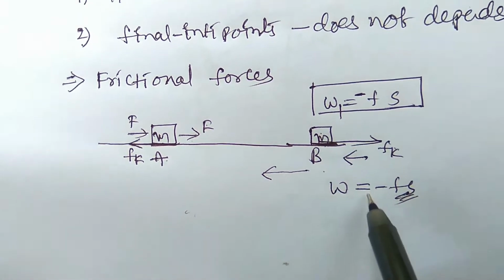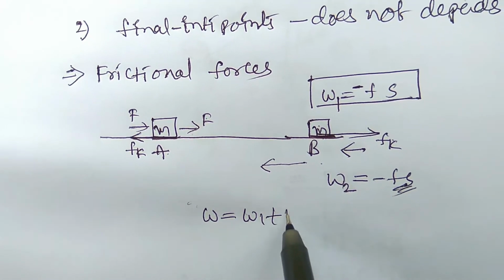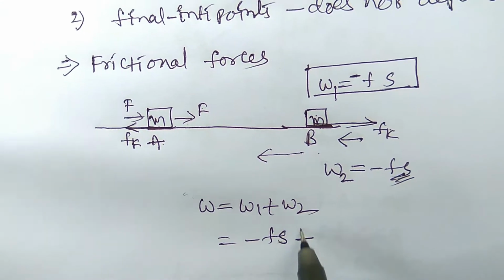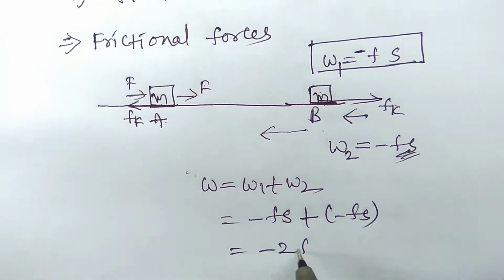This is path 1, this is path 2. The net work done W equals W1 plus W2, which is minus Fs plus minus Fs, equal to minus 2Fs.